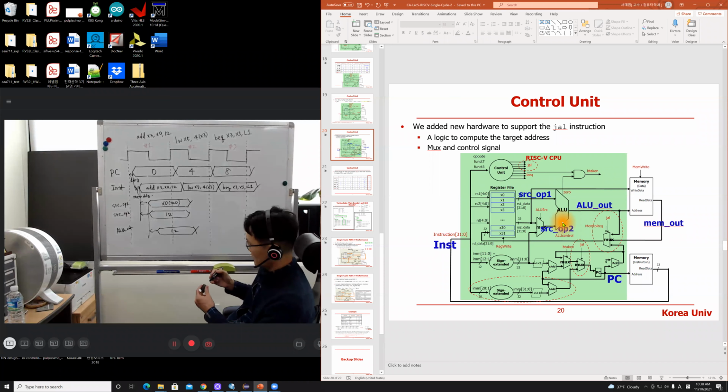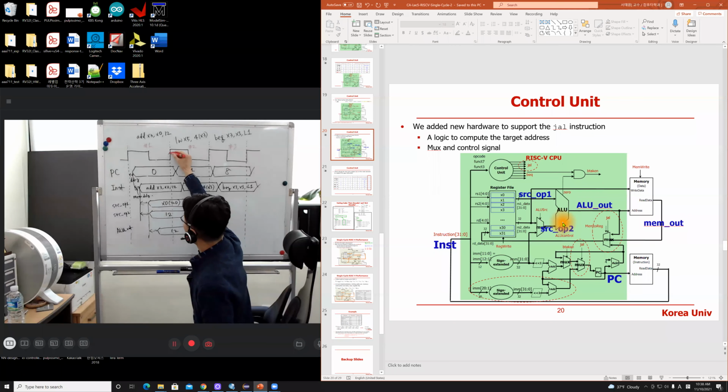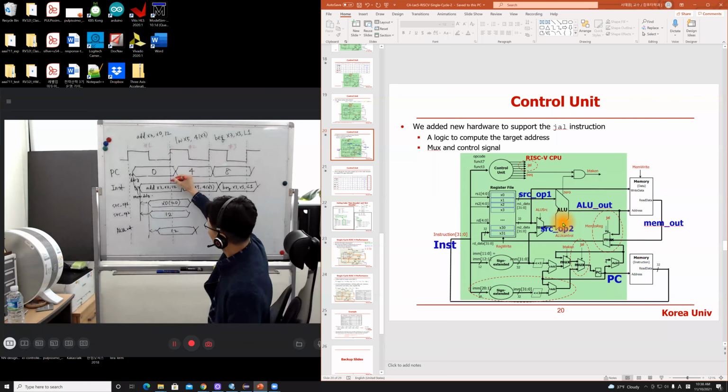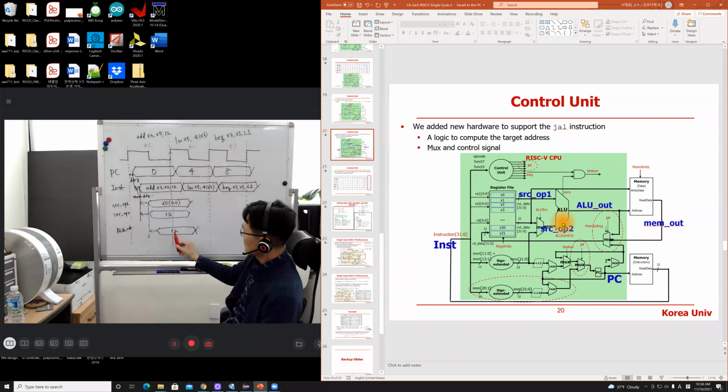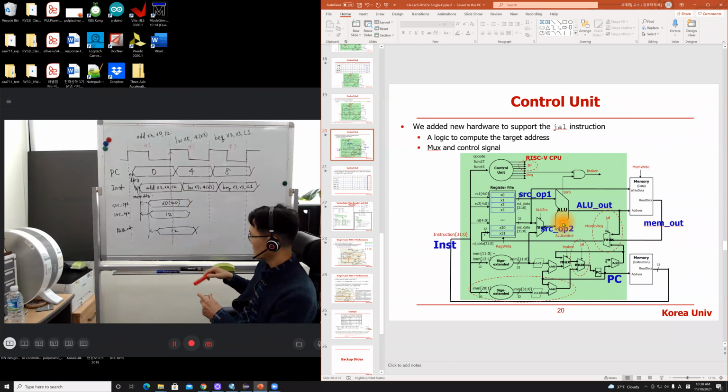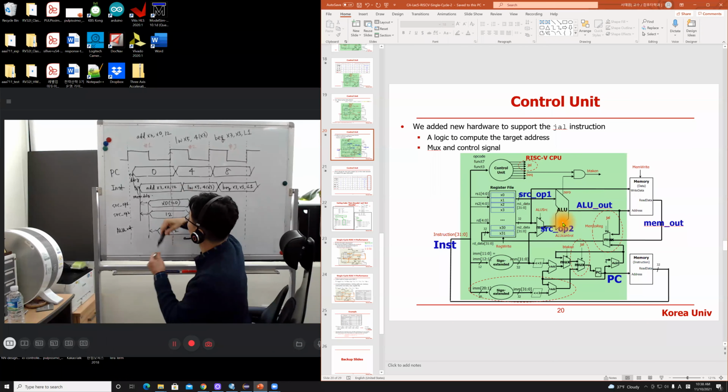Then at the rising edge of the clock, at this exact point in time, the register file will be updated, right? At location X3.